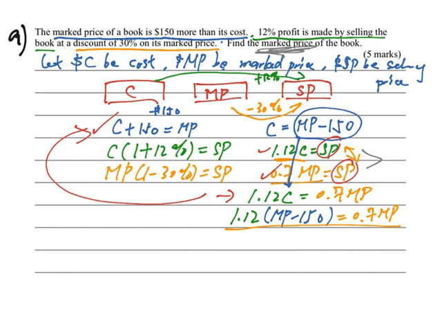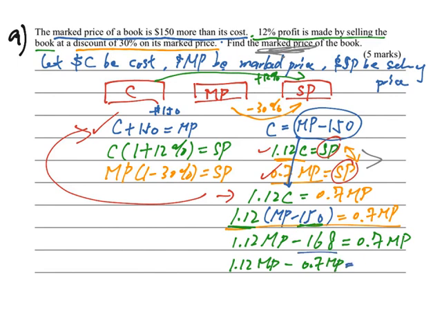You can see for this equation, just only MP, that means mark price, then we can find it. So we simplify by expanding the brackets. So 1.12 mark price, and then 1.12 times 150, so it is 168. Then 0.7 mark price, and then we put all the MP together. So 1.12 MP minus 0.7 MP, and then for this one we move to another side, so positive 168.